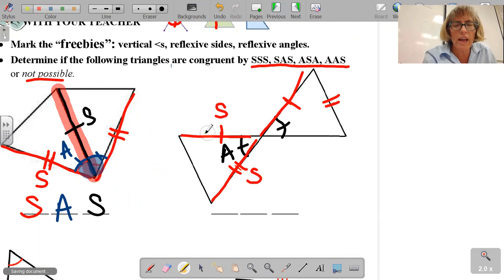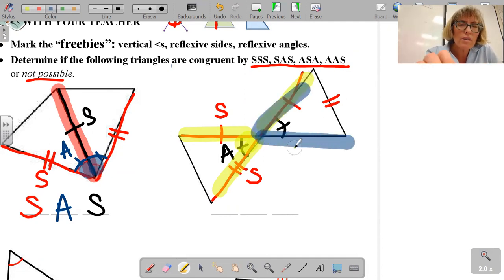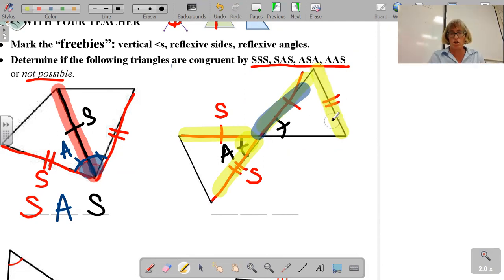Okay, so on the left, do you see how that angle is sandwiched between both sides? But on the right, do you see how it's not sandwiched? We're actually marking the incorrect one. It doesn't match. On the left, that reads side, angle, side.